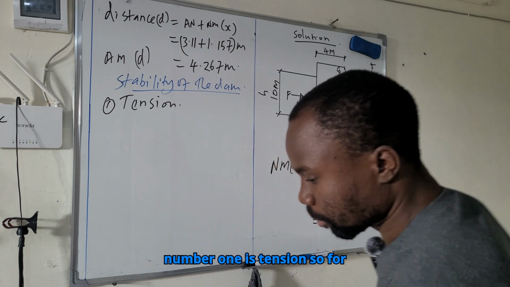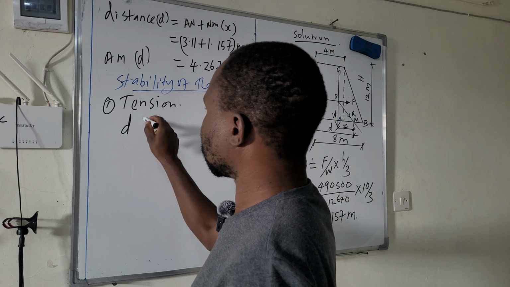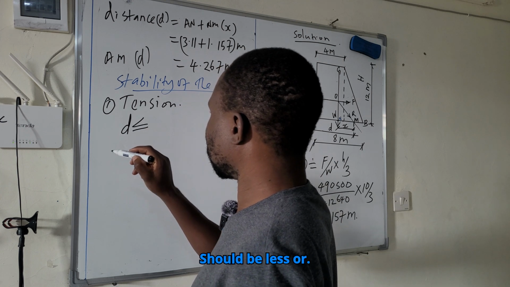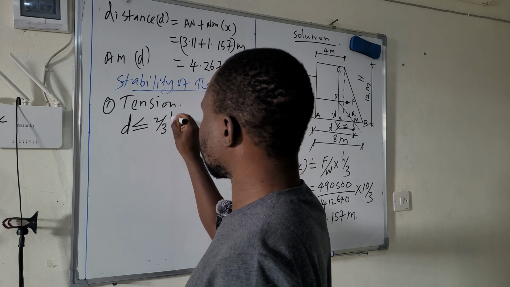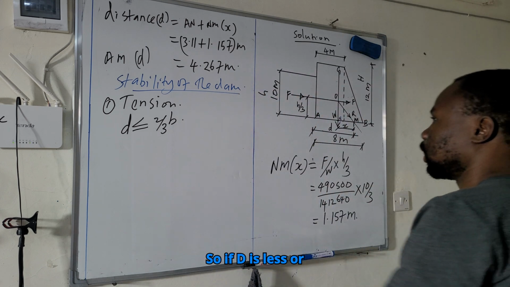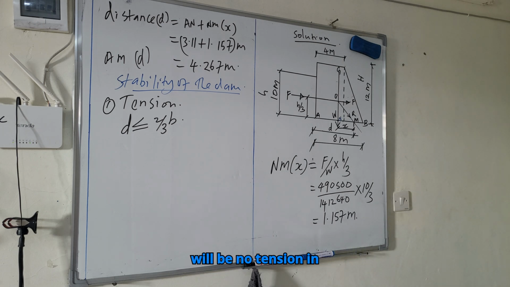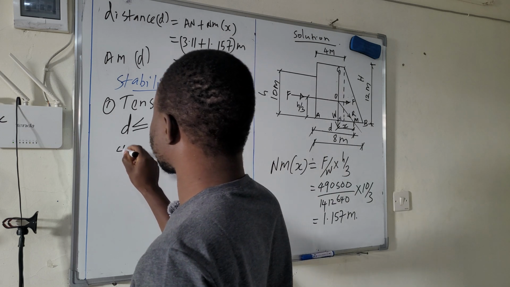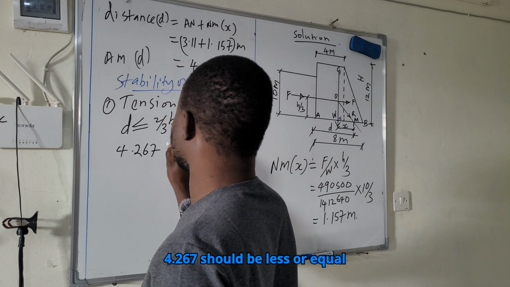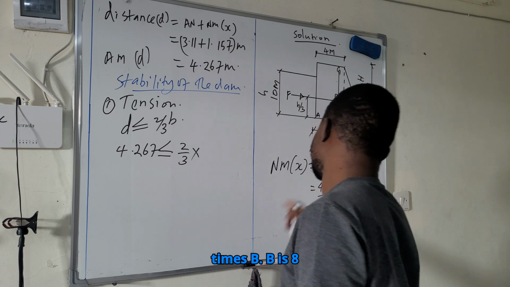For tension, we know that D should be less or equal to 2 over 3B. If D is less or equal to 2 over 3B, then there will be no tension in the dam. So we know that our D, 4.267, should be less or equal to 2 over 3 times B. B is 8.